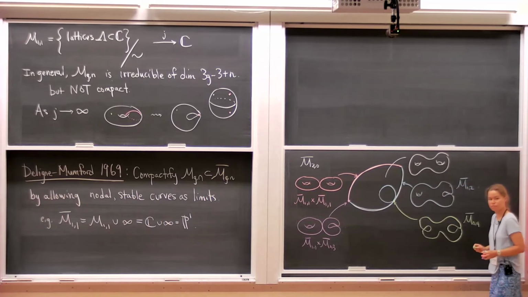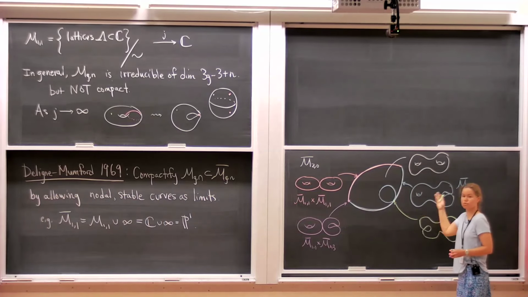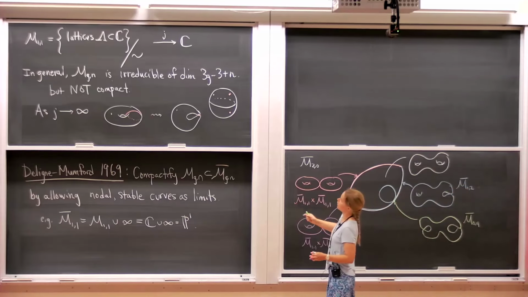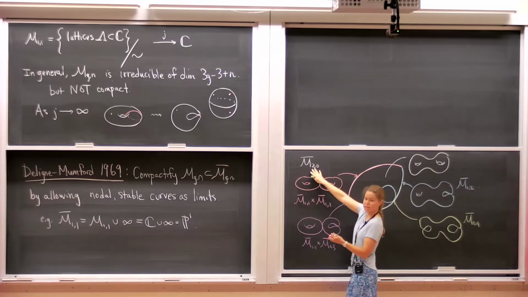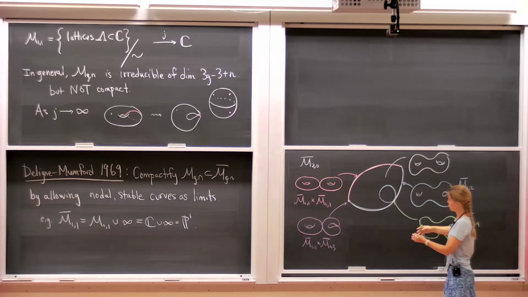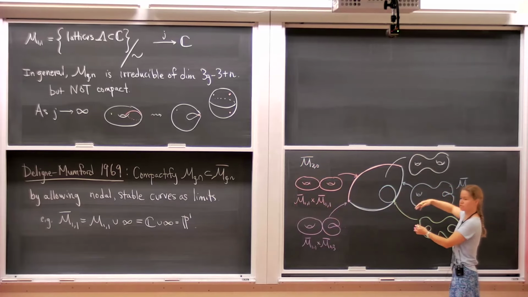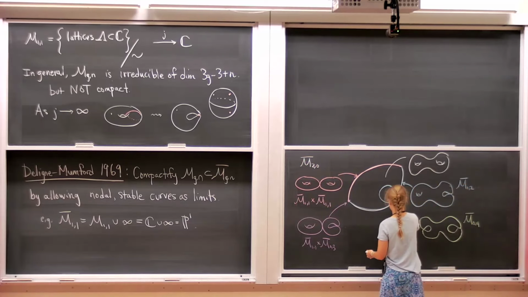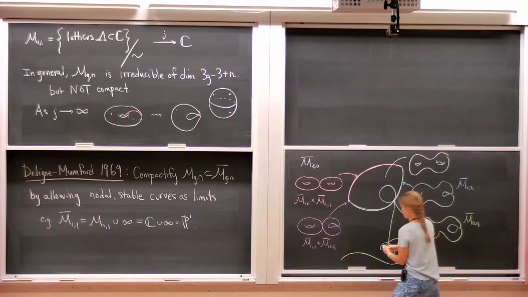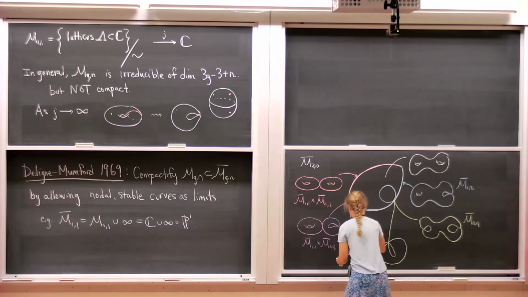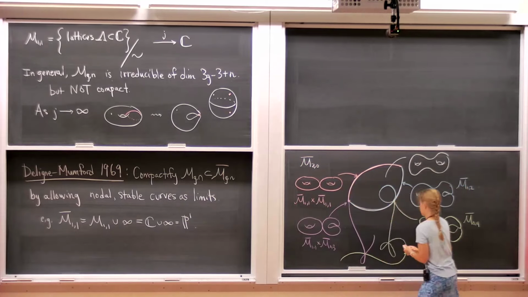So far, what I've drawn for you is a generic 2-dimensional slice of this moduli space. But if you look back at my dimension formula, you'll see M20 bar is a 3-dimensional space. So everything in this picture is actually dimension 1 more than what I've drawn. So this green part here is in fact a whole curve's worth, as is the purple.